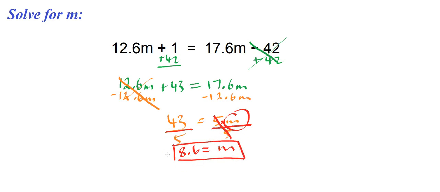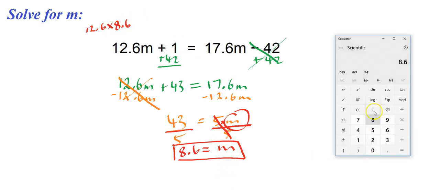We should check it. So I'm going to substitute 8.6 for m in the original equation. So 12.6 times m, which is 8.6. Let's use our calculator, 12.6 times 8.6, what does that equal?